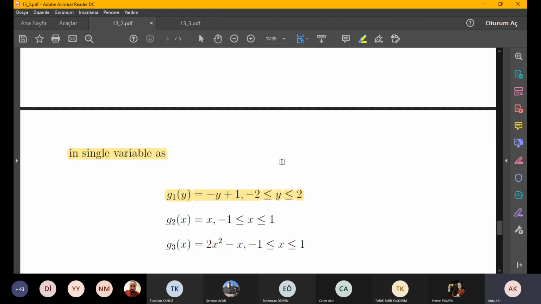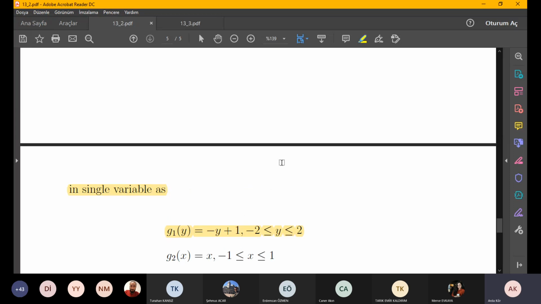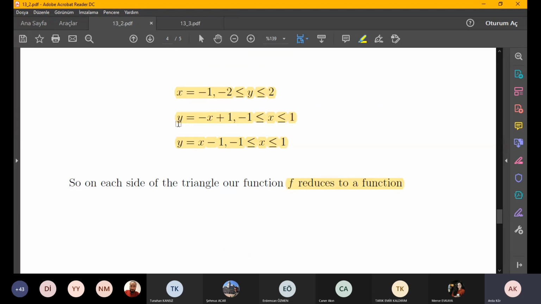And now we will write down the function on the second line segment, where y equals minus x plus 1.